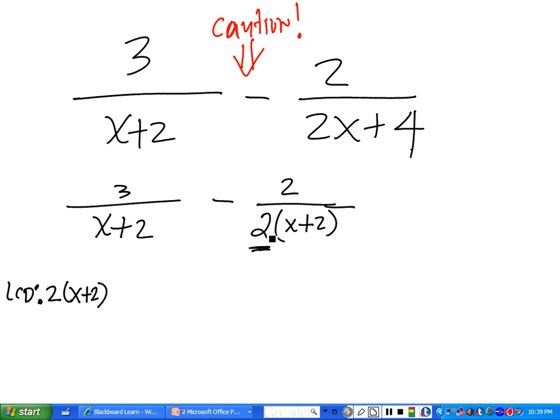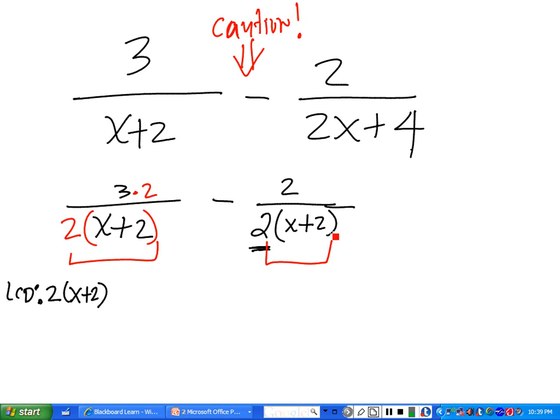If that has a 2 on the right side, I've got to make sure I multiply the left side by 2 as well. So I only need to multiply this side by 2. I'm going to put it in the front. It doesn't matter whether you put it in the front or the back, as long as I have a 2 in the numerator and a 2 in the denominator. Now, are my denominators the same?